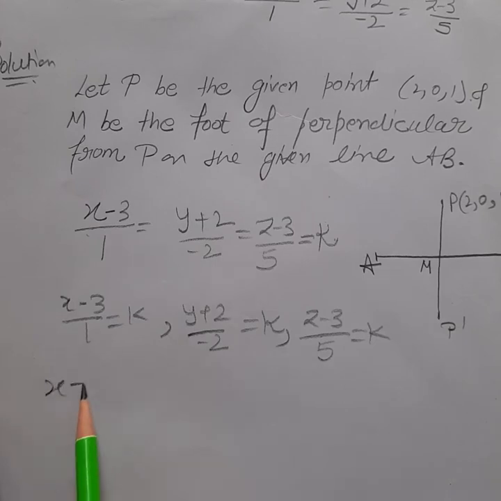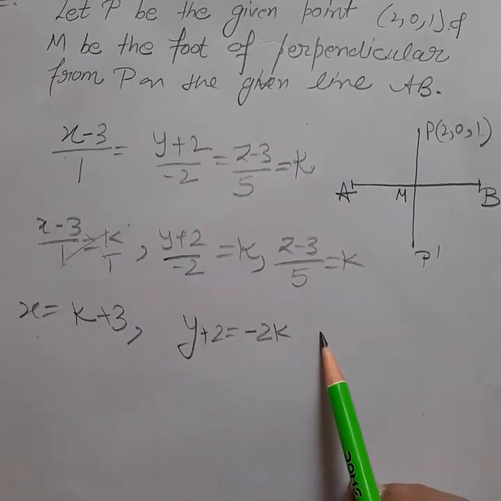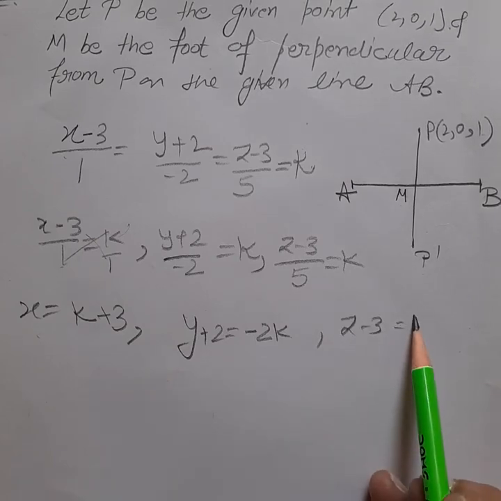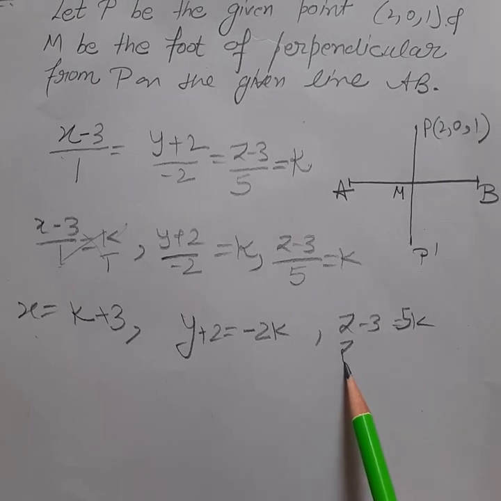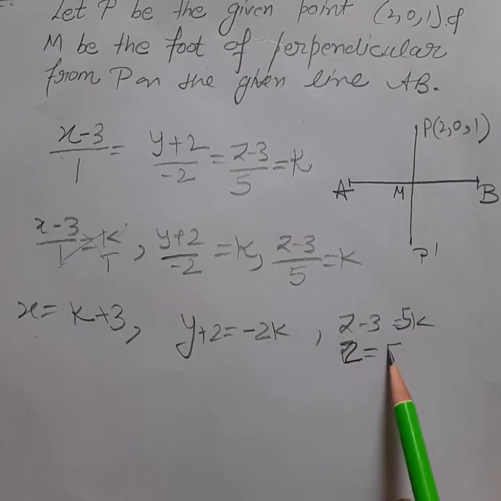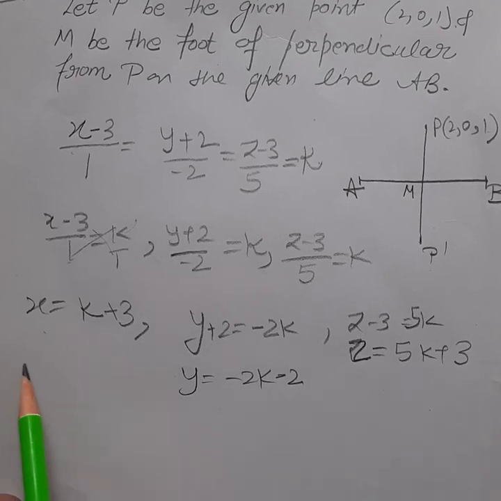Then you get the value of x by taking the 3 to the right hand side, and in this way we can solve it for y and for z also. After multiplying, you have the value of z, that is 5k plus 3, the value of y, that is minus 2k minus 2, and the value of x is k plus 3.